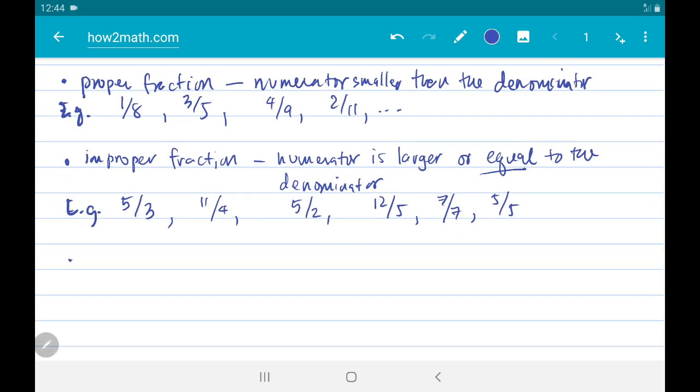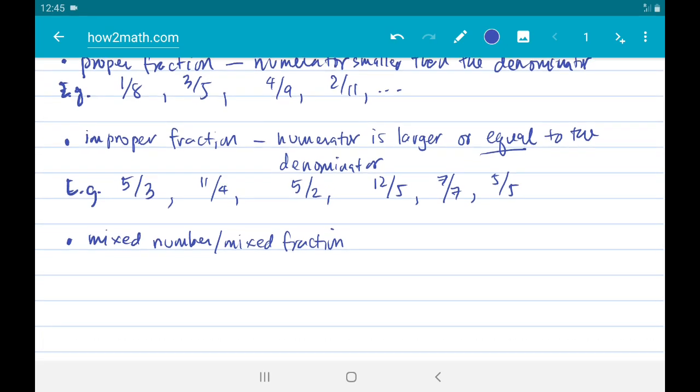The third classification is called the mixed number or mixed fraction. Here, aside from the proper fraction, we have a whole number. So this is a whole number and a proper fraction together.